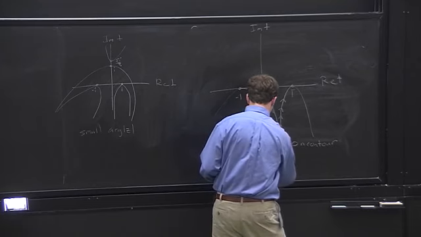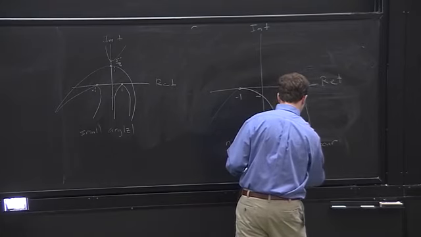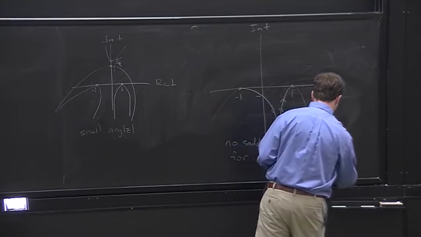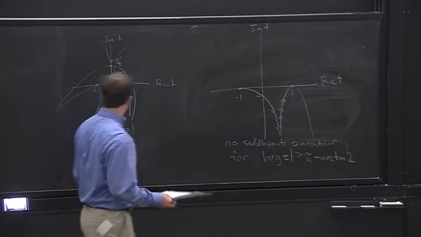And it turns out you can compute where this jump happens: if the argument of z is greater than pi minus the arctan of 2.